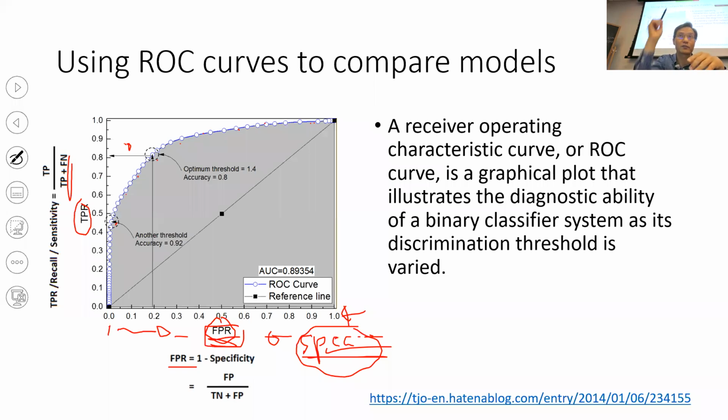That's not a curve. So what you have to do is find a way to change the parameter, for example, change the cutoff. You search this parameter space to change the outcomes of your classifier. Sometimes it's good, sometimes it's bad. At the end, you will have a curve.